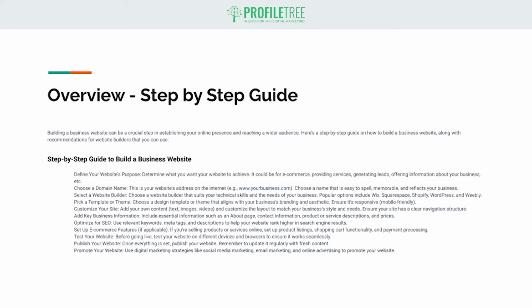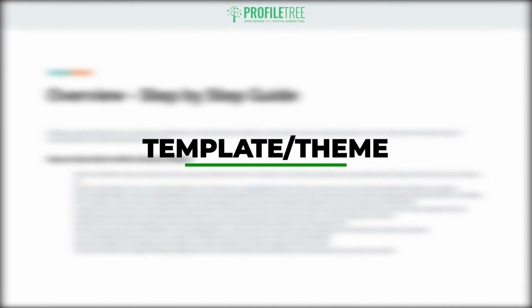Choose a website builder that suits your technical skills and the needs of your business. Now, popular options include Wix, Squarespace, Shopify, WordPress, and Weebly. We'll go through a couple of different website builders just to give you guys an idea on how to build a business website.